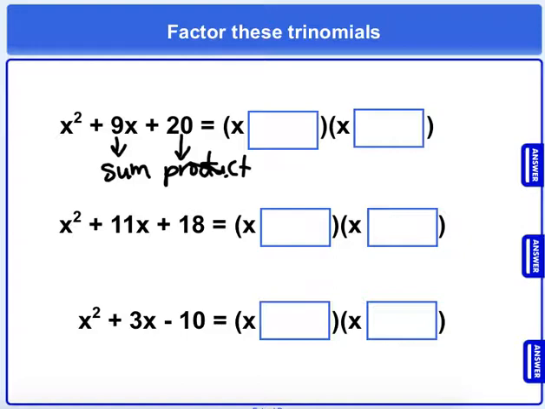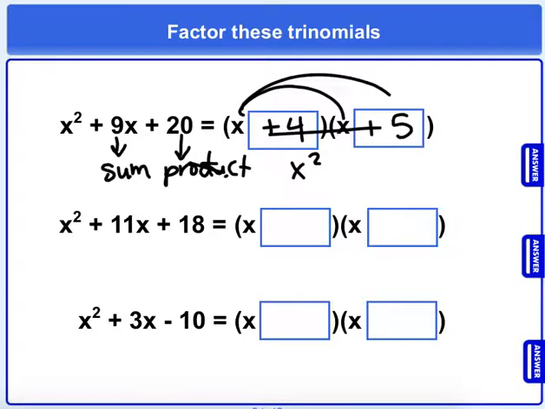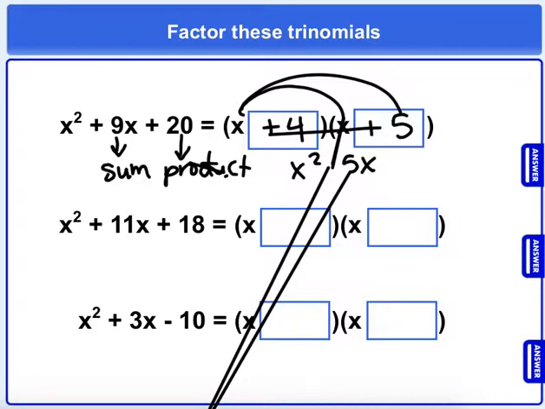So we say we have x plus 4 and x plus 5. Let's just check to make sure that we got the right thing, and we get x squared plus 5x plus 4x plus 20. So when we add it up, we do get x squared plus 9x plus 20.